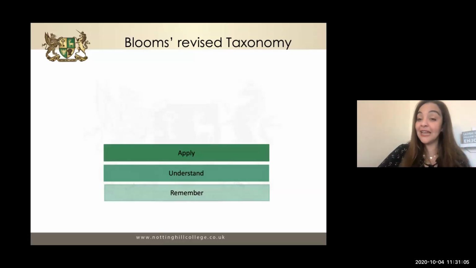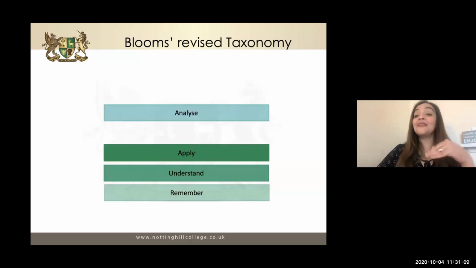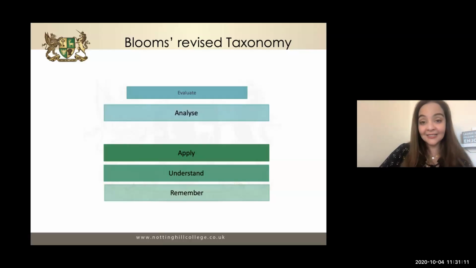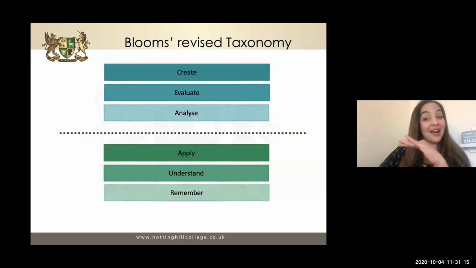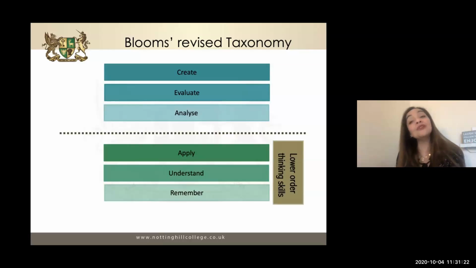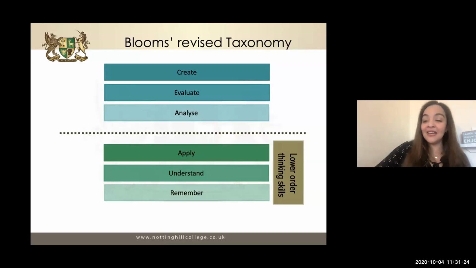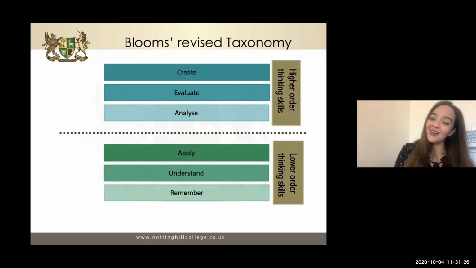We have remember, understand, and apply, these three grouped together, and then the other group would be analyze, evaluate, and create. Again, we have this division, every three categorized independently. So we have the lower order thinking, and we have the higher order thinking.